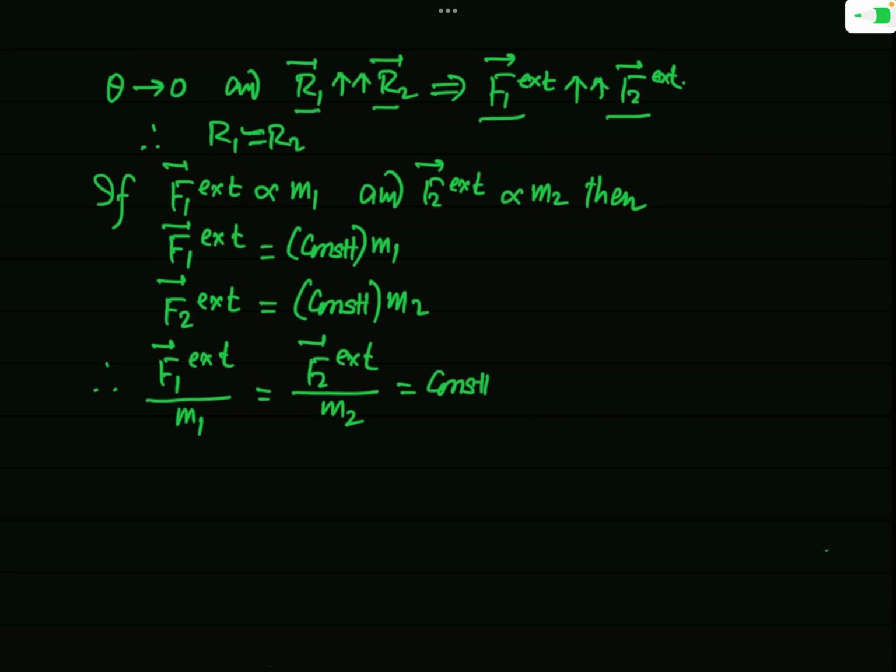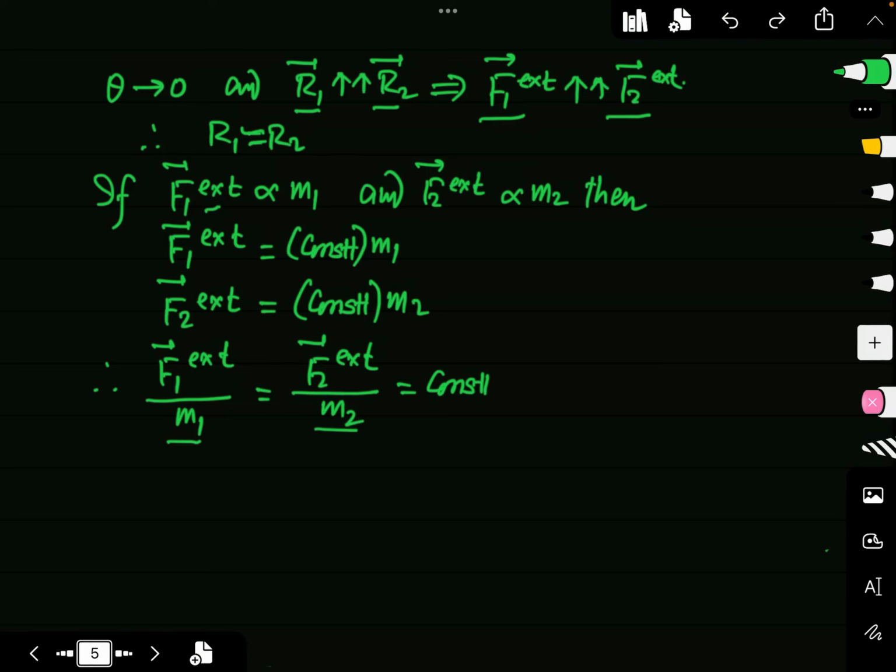And the forces F1 external and F2 external both must be proportional to the masses M1 and M2. When these two conditions are satisfied, then F1 external by M1 and F2 external by M2 will be equal.